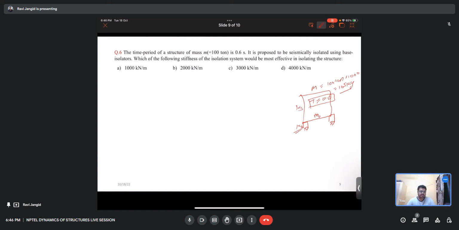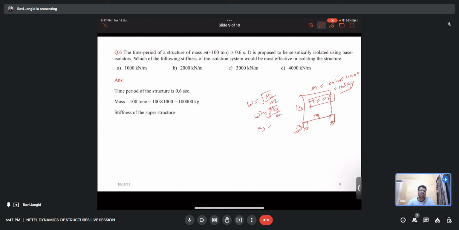For this we will first calculate the stiffness of the superstructure. The time period is 0.6 second and the mass is 10 raised to power 5 kilogram. Omega is given as the square root of Ks by m, so omega square is Ks by m.